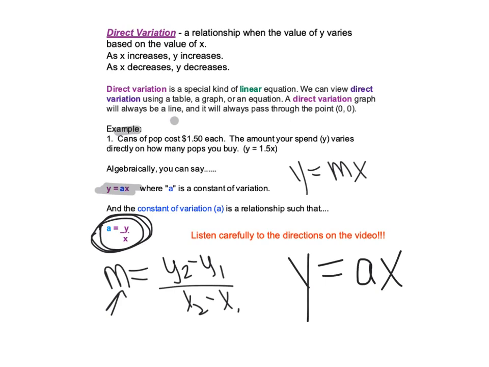Kind of like I have the cans of pop. The more pop you buy, the more money you spend. Something like that. Come up with your own, not exactly like that, example that would be a real life example of where you might see direct variation. Okay, so pause it, go out in the hall, and then come back in and start your video again.